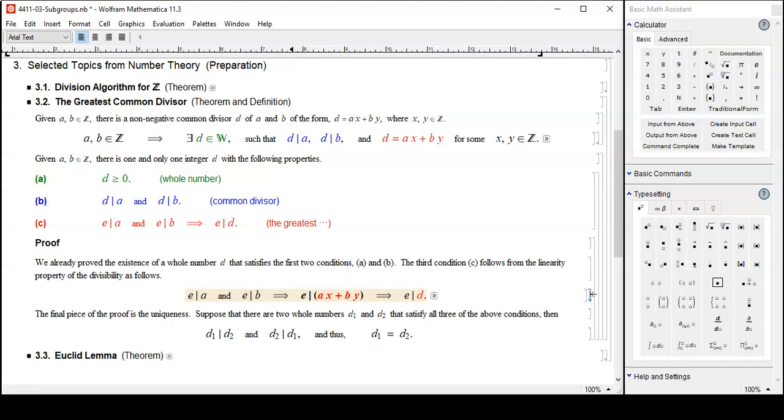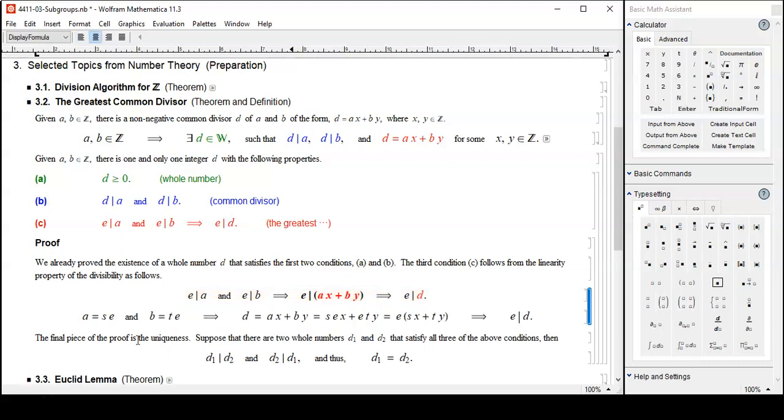Well, we can prove it like this. e divides a, so e times some integer is a, say s times e. e divides b, so e times some integer is b, say t times e. Then d, which is ax plus by, can be rewritten as, let's see, a is se, so sex, and b is te, so tey.